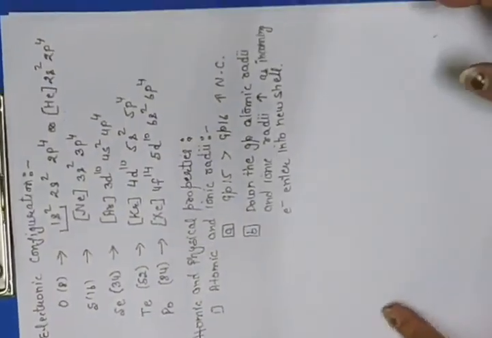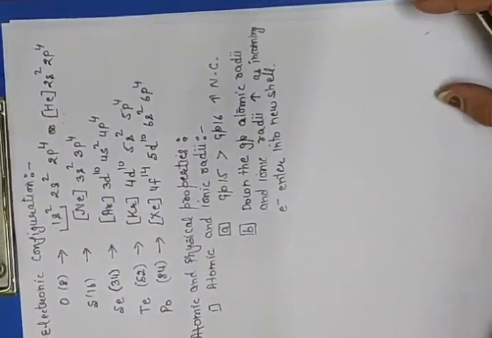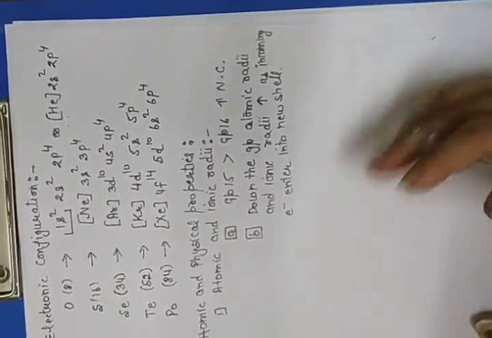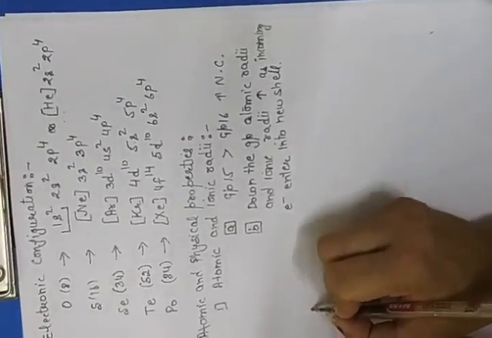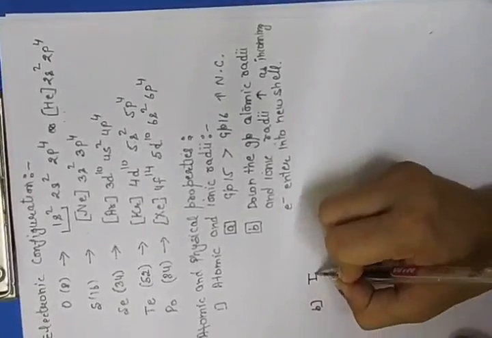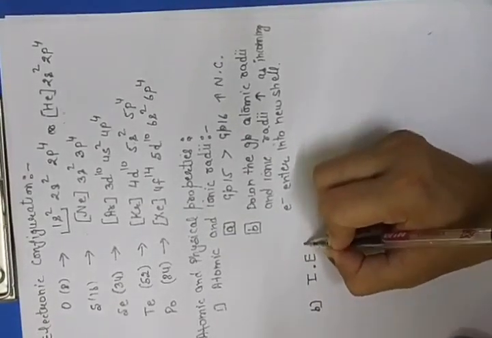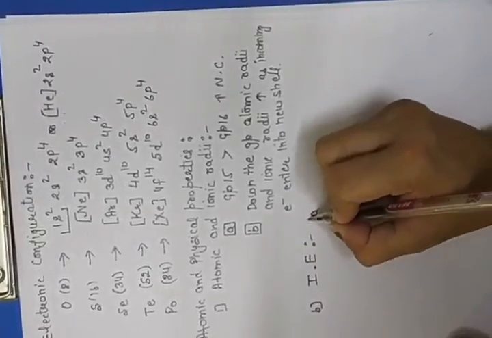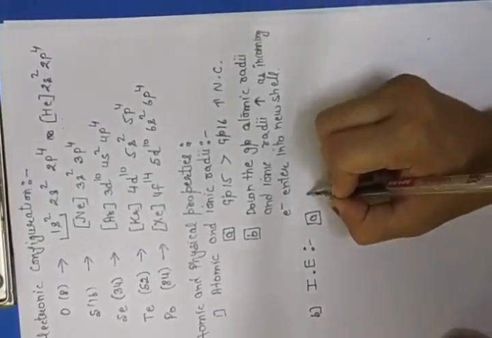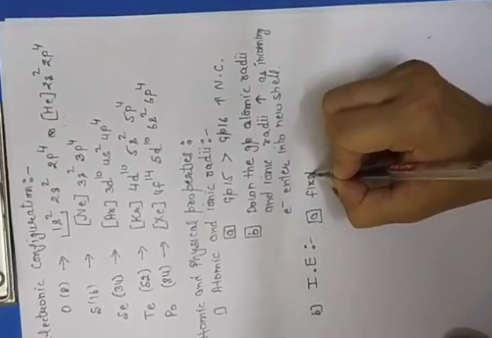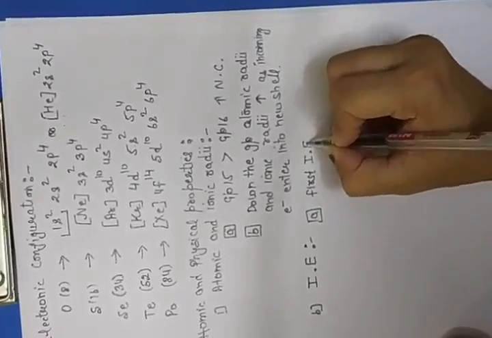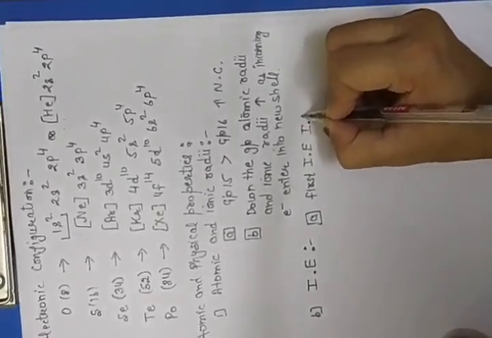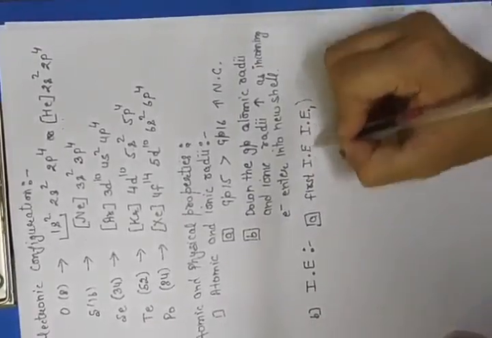Okay, so this one is the first atomic property. Next one is ionization enthalpy. Then similarly, first compare the first ionization enthalpy, or we can write it as IE1.